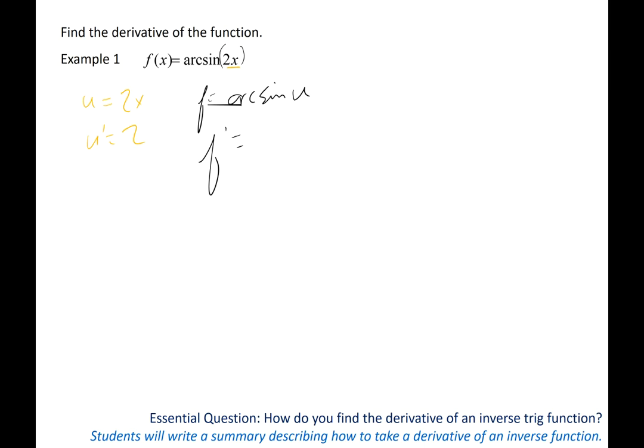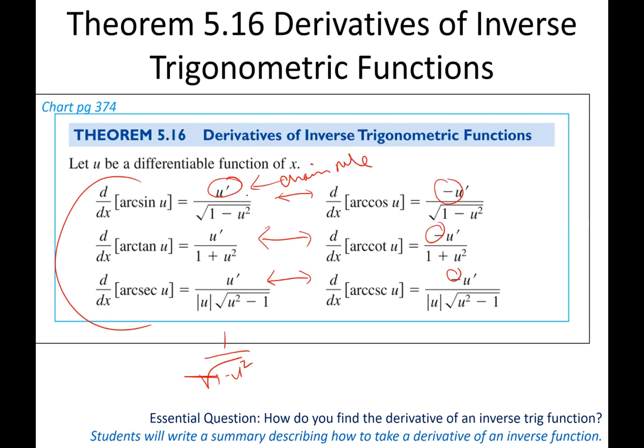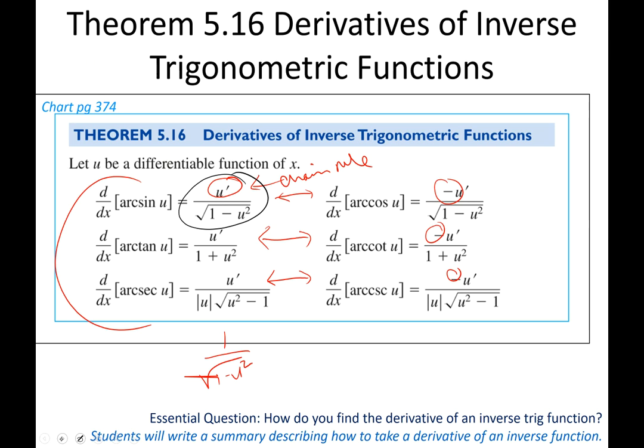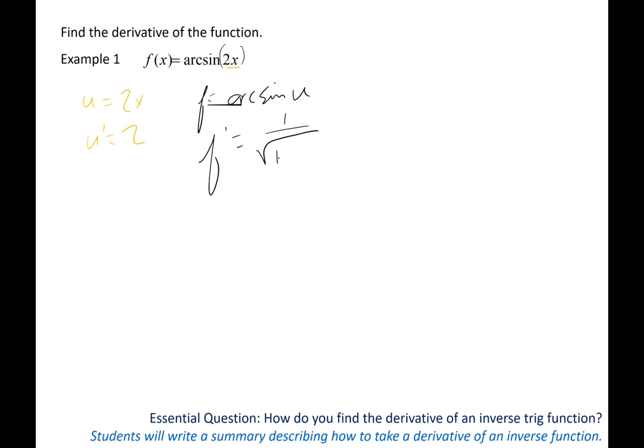All right, so when I go back and I look at my formula, I know I'm using this formula. In place of the u prime, I'm putting a 1, because that's what all those really mean, there's a 1 on the top. So I've got 1 over the square root of 1 minus u squared. Then I'm going to go ahead and put this together just like I did the rest of my chain rules.